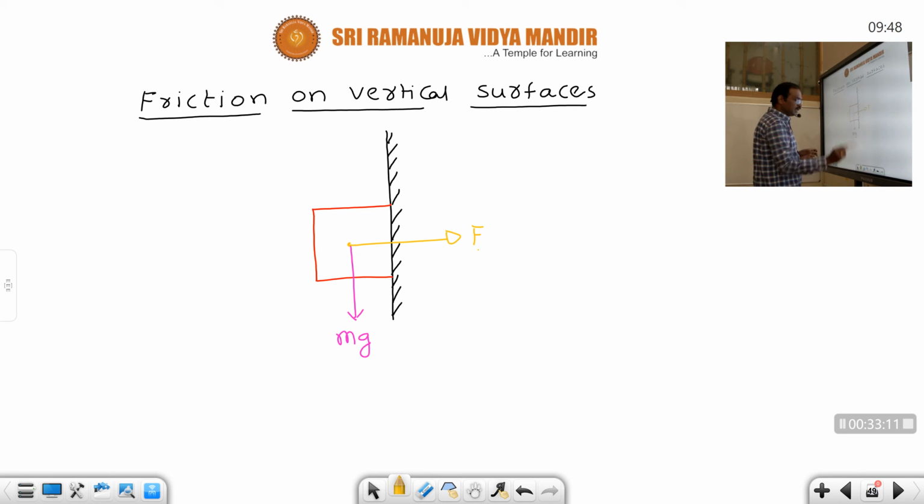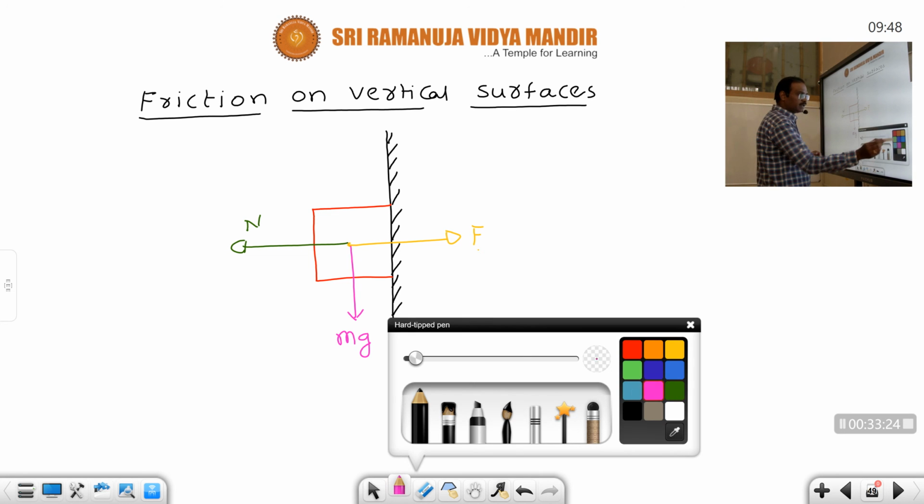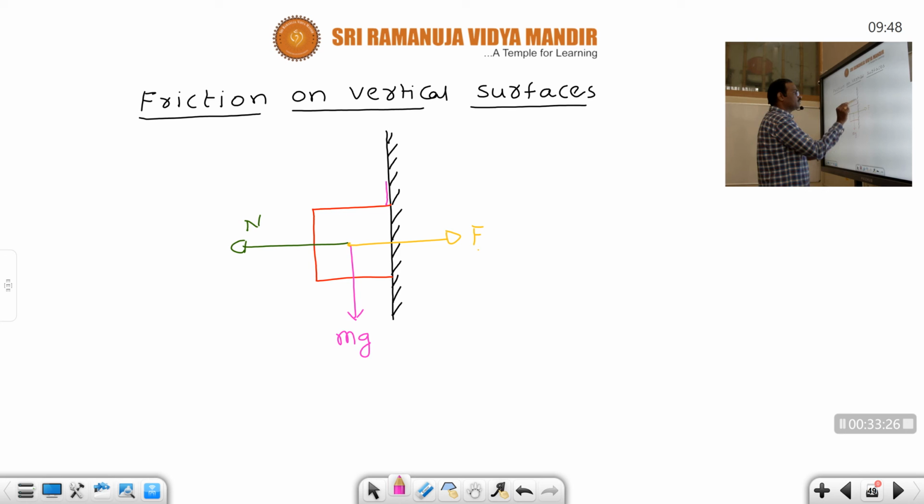Then the vertical surface will exert a normal reaction N. Whenever it is sliding down, there is an opposing force acting tangent to the surface. That is what we call limiting friction, FL.